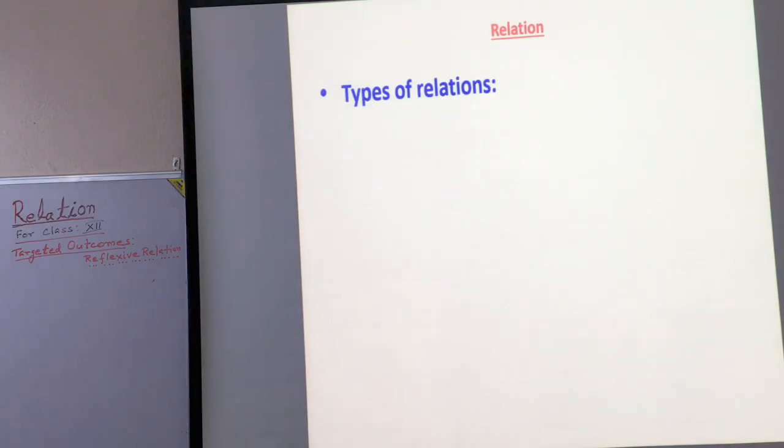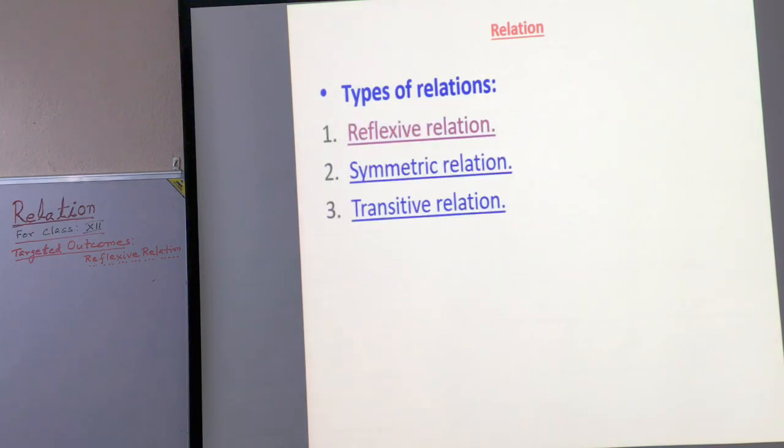In class 12, we have to learn types of relations. There are mainly three types: reflexive relation, symmetric relation, transitive relations. Their combinations involve equivalence relation.